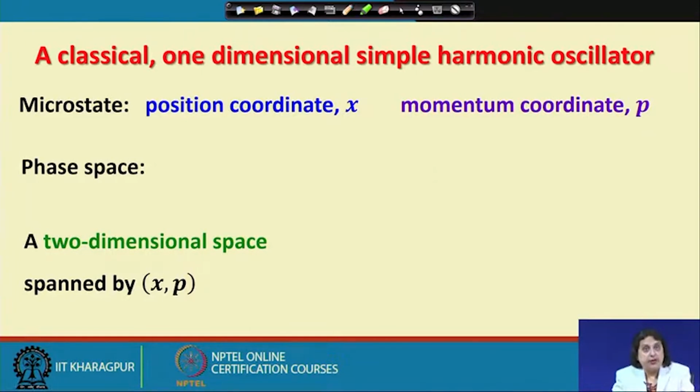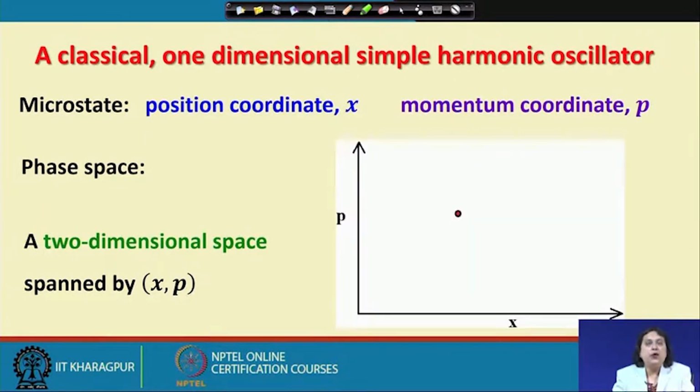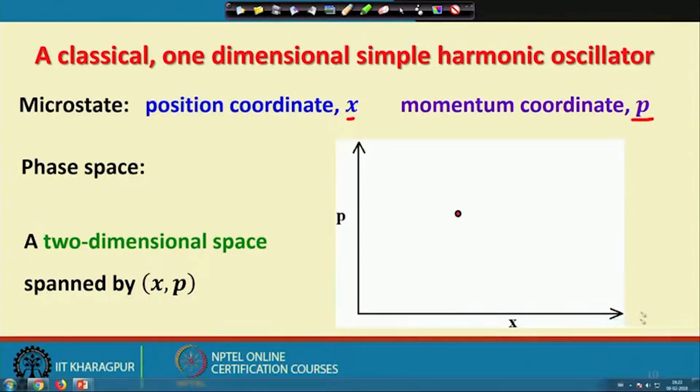You have two variables, position coordinate, that is the first variable, and the momentum coordinate, that is the second variable. So, the phase space is going to be a two-dimensional space which is spanned by this single position coordinate x and the single momentum coordinate p, and therefore, I would say that this microstate that I see here, which is characterized by this position coordinate x and momentum coordinate p, in this two-dimensional plane, is going to be a point in this two-dimensional plane as shown by this red dot here.